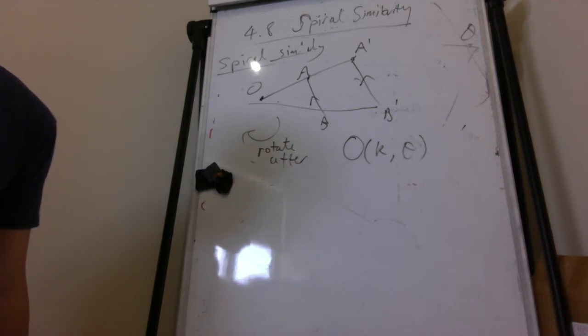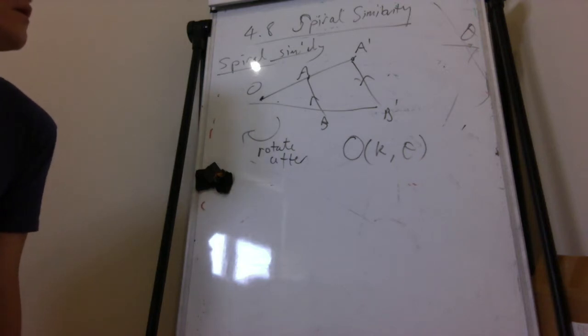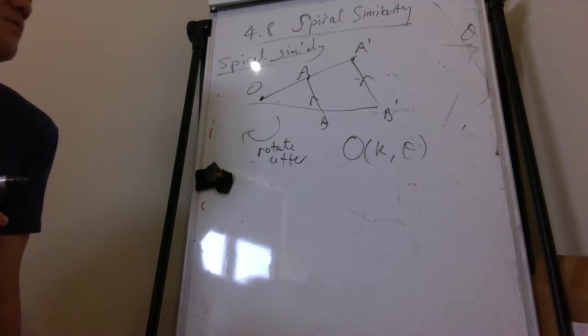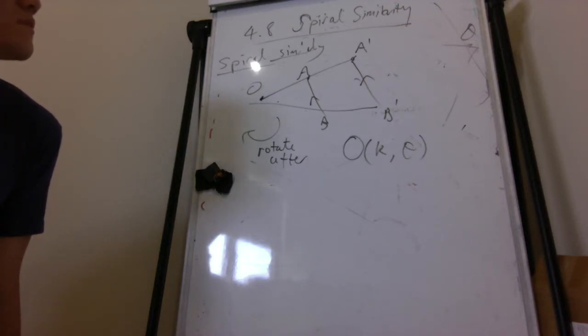Wait, is there a difference between rotating first and after? Nah, not really. That's a good question, yeah. So, in other words, are the two functions the same? So if you rotate it first, and then you do the central dilation.